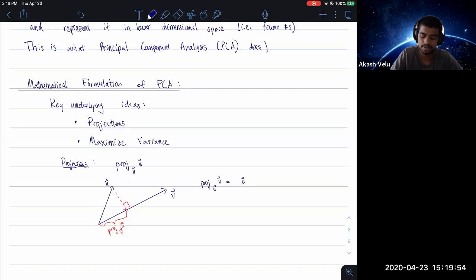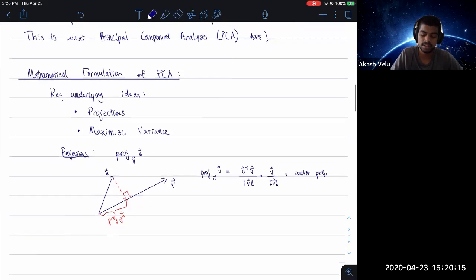And I'm not going to derive this. You can find this in your EE16A notes. But it's going to be the dot product between u and v divided by the norm of v times v, except you have to normalize v. So this is called the vector projection.